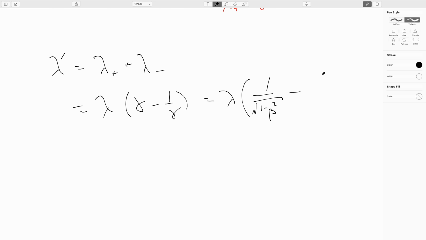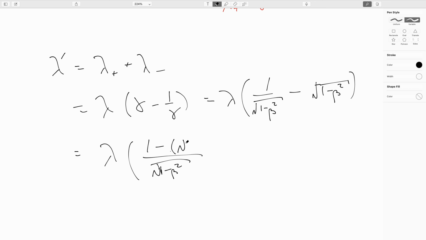And then this is going to be 1 over that, so that's just plain the square root of 1 minus beta squared. So what I'll do is I'll put this on a common denominator. So putting on a common denominator, we'll have lambda times 1 minus, now the common denominator is root 1 minus beta squared.